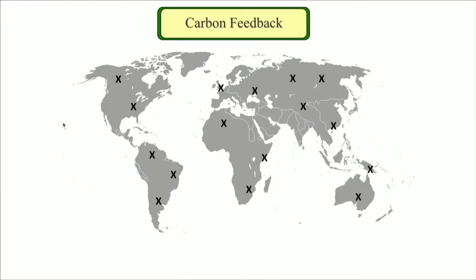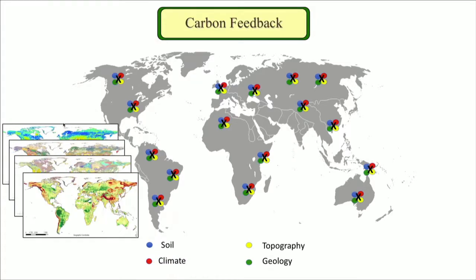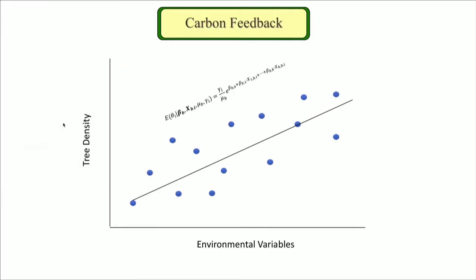So we use a very simple process that we use throughout a lot of our research. We take data from lots of places, we pair it up with satellite information or global scale information on soil, climate, geology, topography, and obviously a lot of satellite spectral information. And we use that information to generate spatially explicit models that can help us to understand the drivers of those environmental patterns, and that will allow us to interpolate between those dots to fill in all the locations.